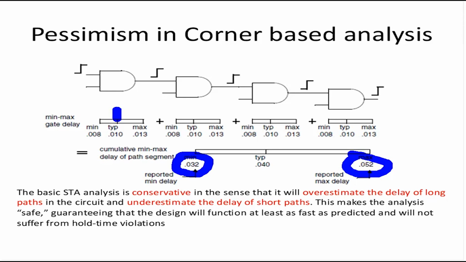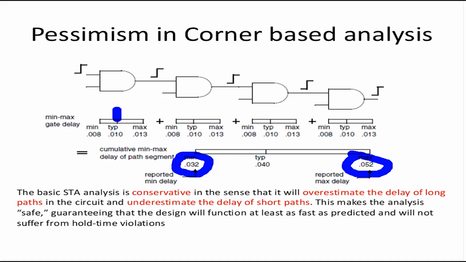The basic STA analysis is conservative in the sense that it will overestimate the delay of long paths. Why? Because it is assuming that all 4 AND gates are at their slowest. For example, when it computes the max path, it assumes all 4 AND gates are slowest. So this slowest delay is 0.052.